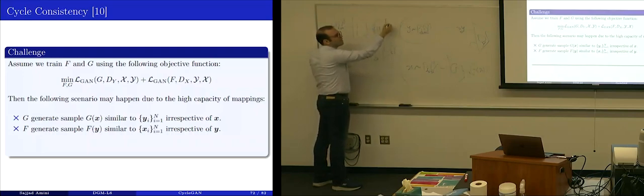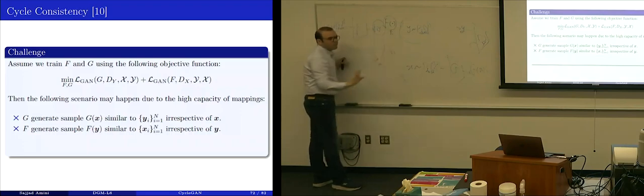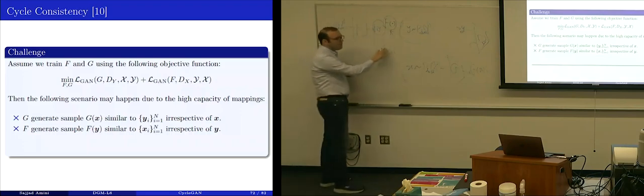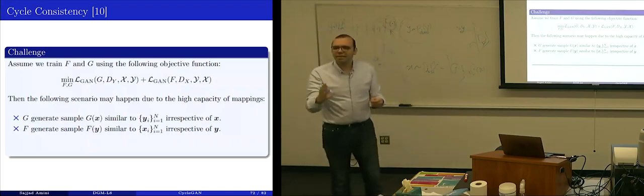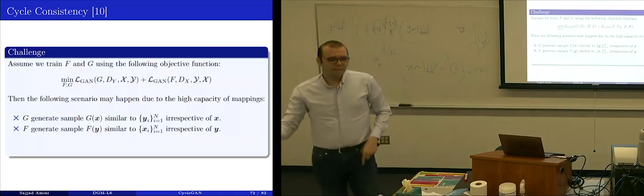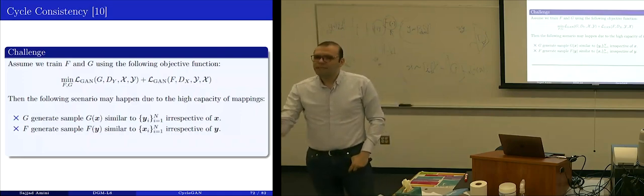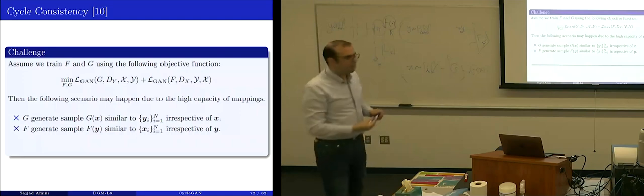It means that it can generate something like F of nothing, and this F of nothing exactly matches the distribution of x. It means that it minimizes your loss function, but it is not dependent on y. Why? Because it has high capacity. It can, for example, generate samples of pattern number 1, irrespective of what is in the input.